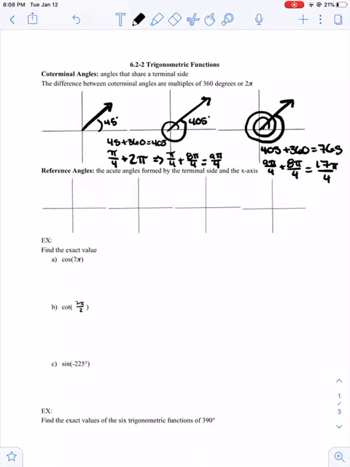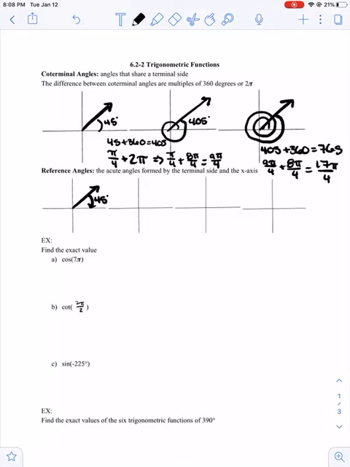And so the reference angle is just from where your angle lies to the axis, the x-axis. So let's look at 45. From the angle to the x-axis, that's 45 degrees.